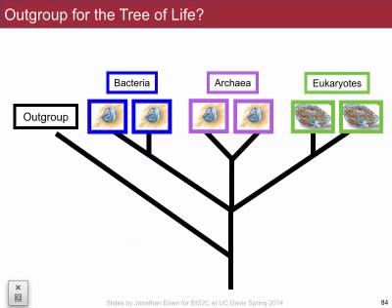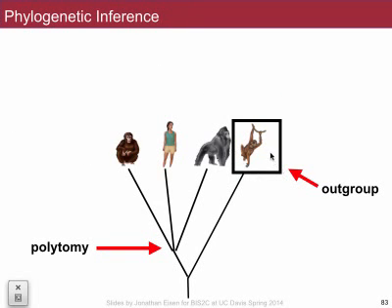All right. So you may remember when we talked about the human, chimp, gorilla resolution, one of the ways to resolve the relationships among these taxa was to have an outgroup. And with parsimony character state reconstruction, at least the method we use, we can use the outgroup to help us determine what the ancestral character states are for a particular group, and then that helps us infer what the relationships are among the taxa.